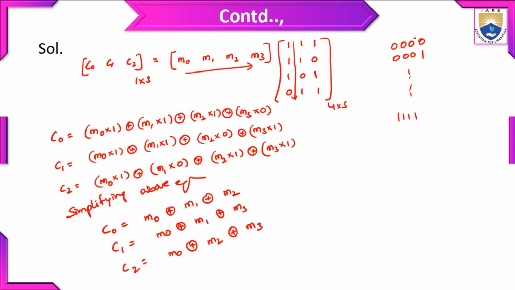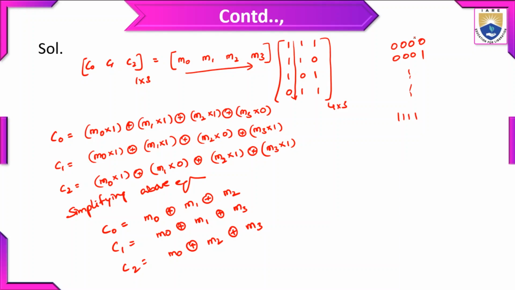In this way you are getting all the 16 code vectors. Simply the first problem, how did you find all the code vectors? So here also you get all the code vectors, and 16 code vectors are generated.